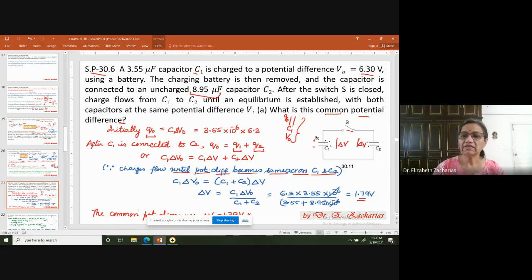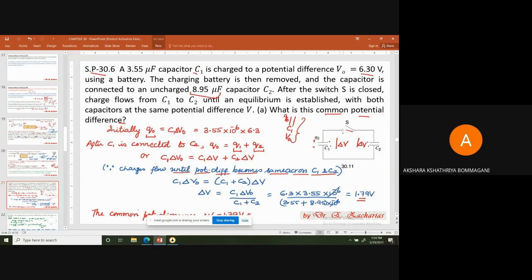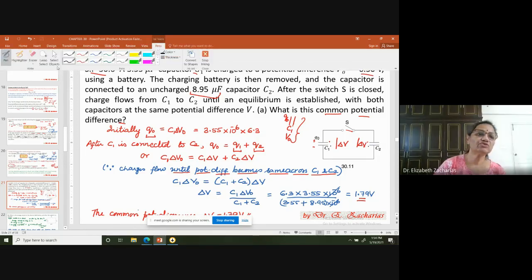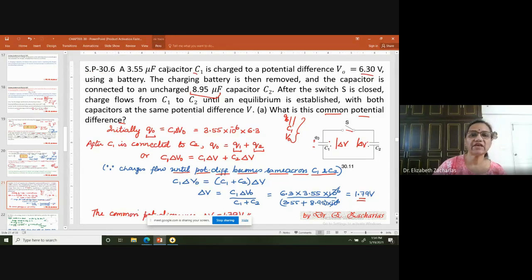Meaning, this plate and this plate will be at the same potential, and so will the other pair. So no more charge flow will be there. Or I can say the potential differences across the individual capacitors become equal. Did you understand this problem? If you have understood this, now we go to the second part of the problem.